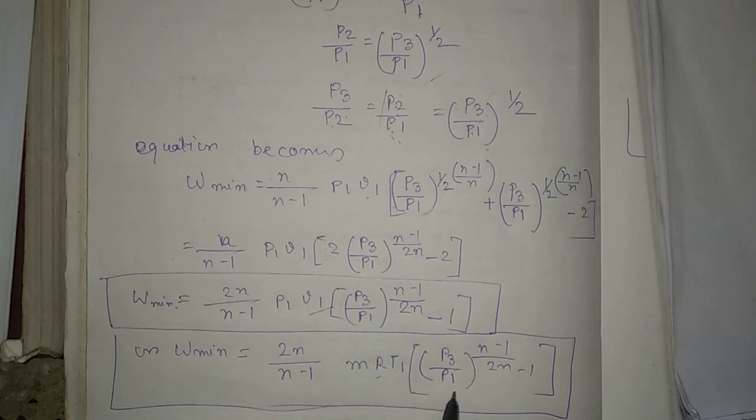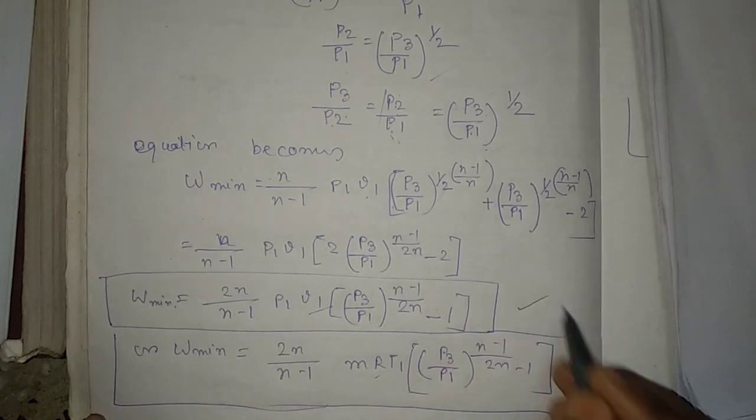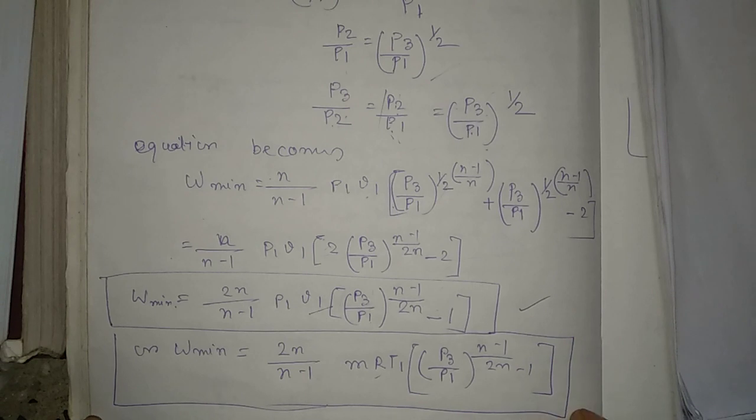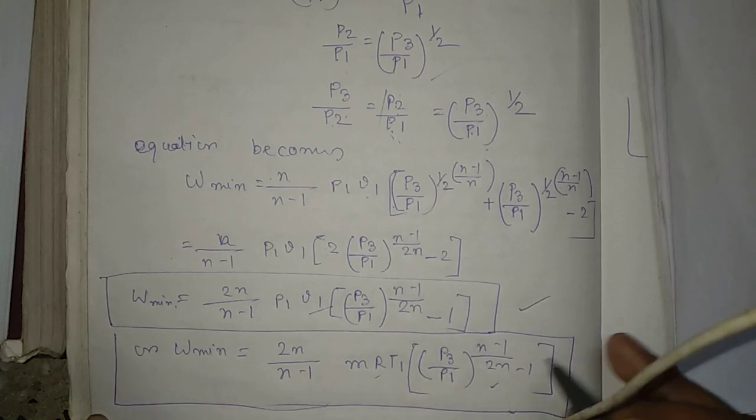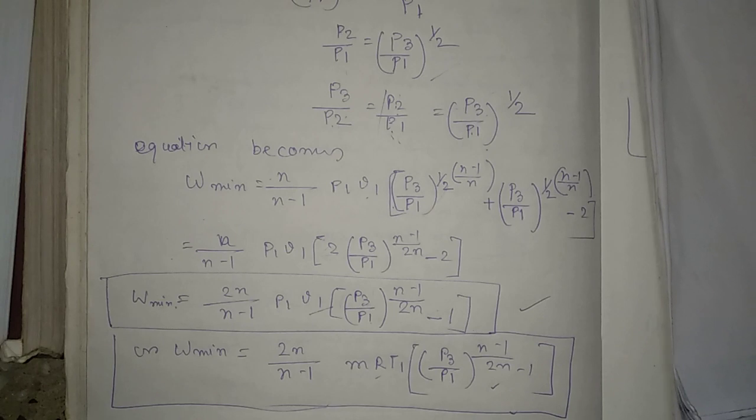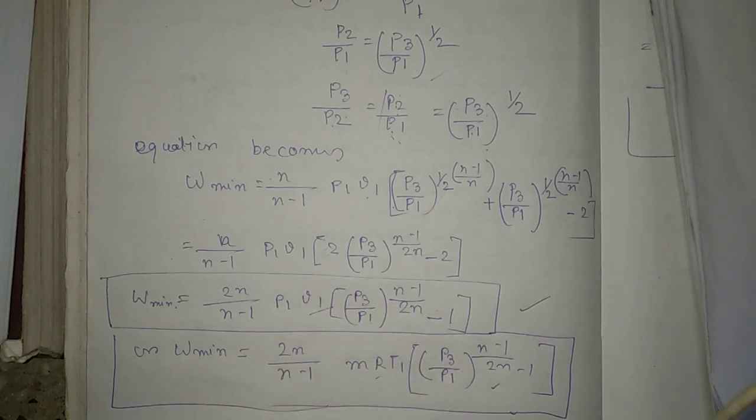So the equation becomes 2n divided by n minus 1 into mRT1, with P3 by P1 as before. The equation is otherwise the same, and it can be written in this manner also. Both are right, but this is only applicable for 2-stage compression.